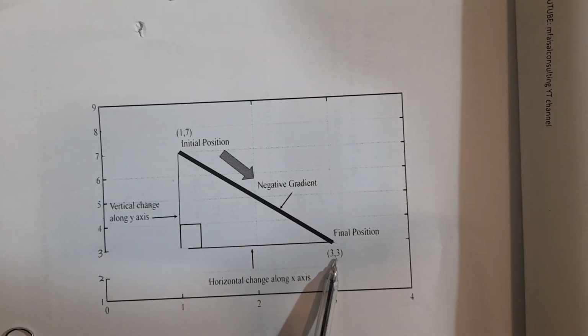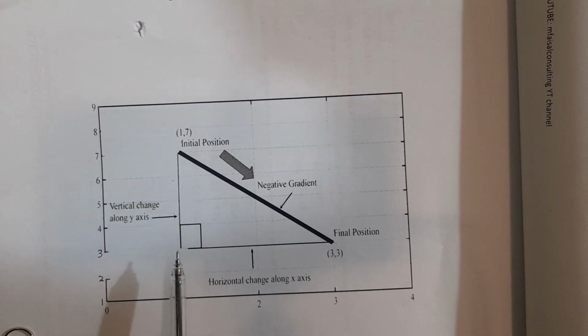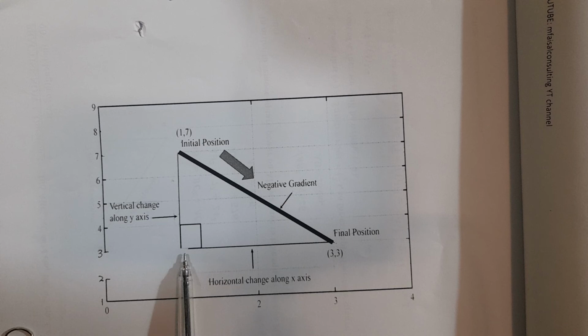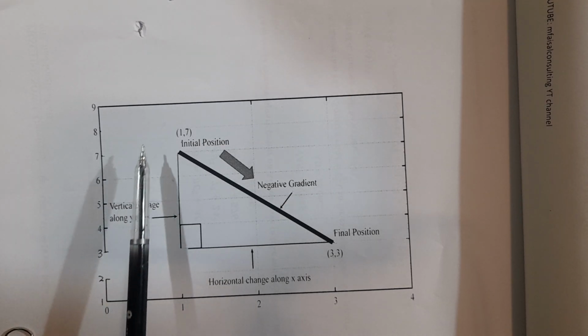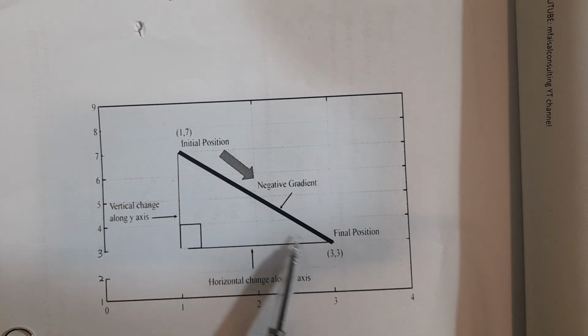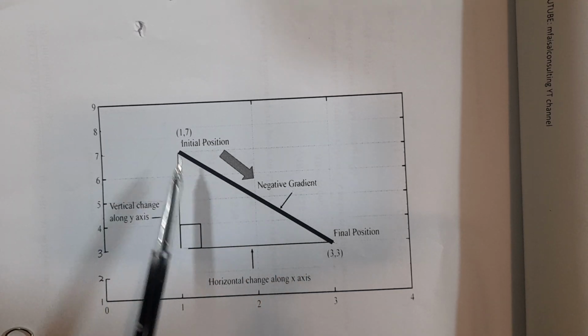So the vertical change is 3 minus 7, which is equal to minus 4. And along the x-axis, its initial position was at 1, the final position at 3. So the horizontal change of position along the x-axis is 3 minus 1, that is 2. So we can see this is a negative gradient, moving downward from left to right.